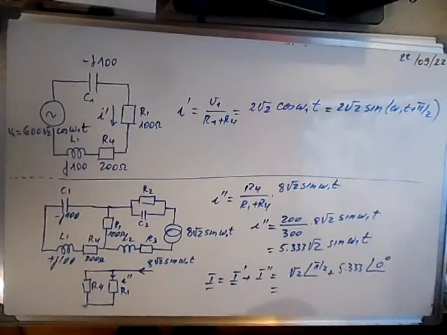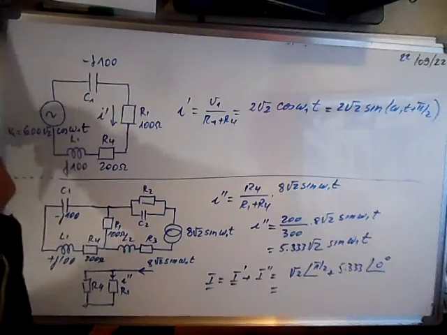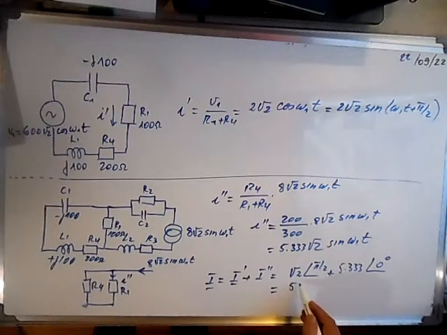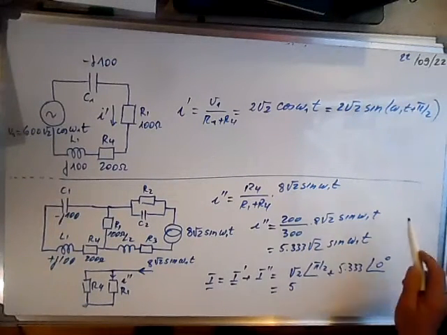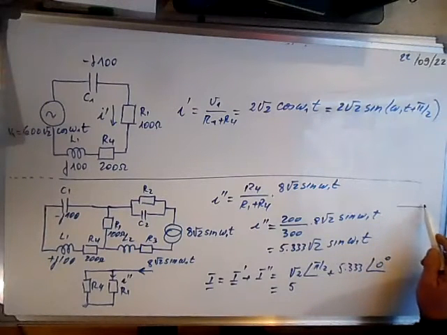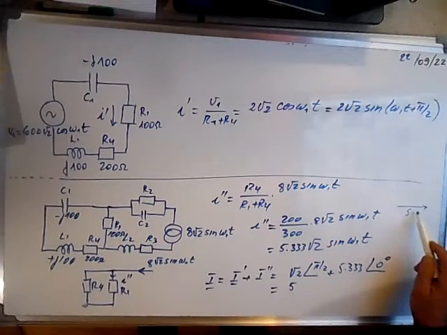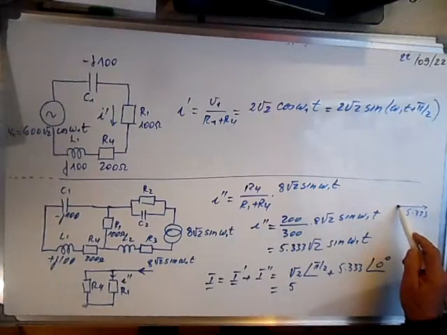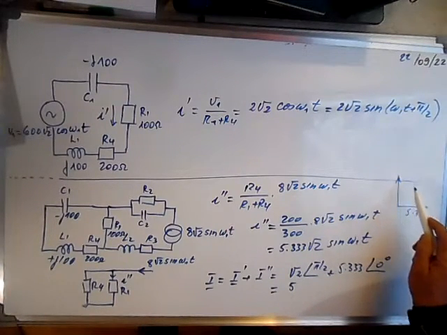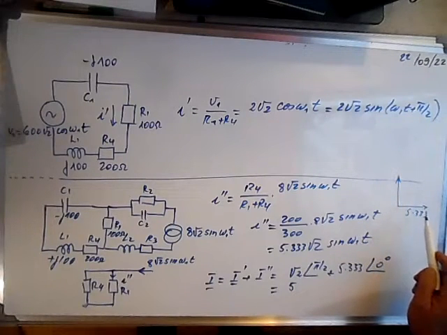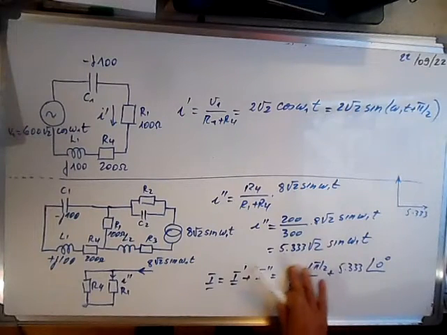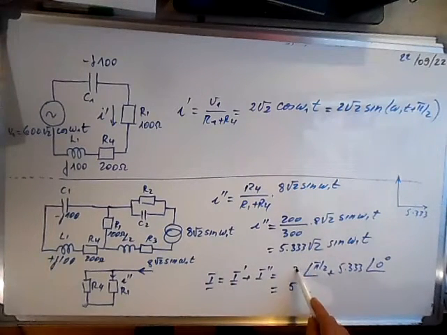Now the main current, we can calculate it, because it's the sum of two currents. It's not square root of 2, it's 2.